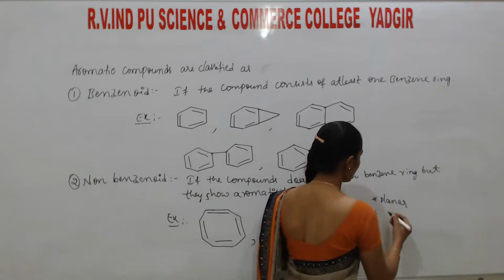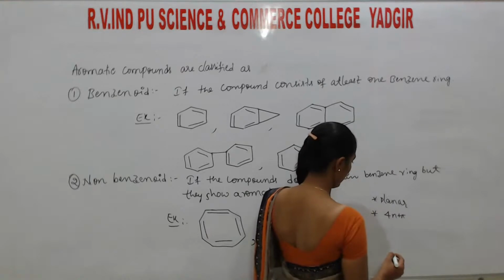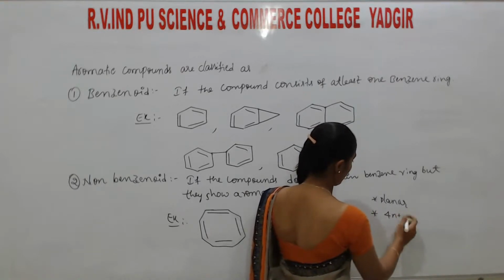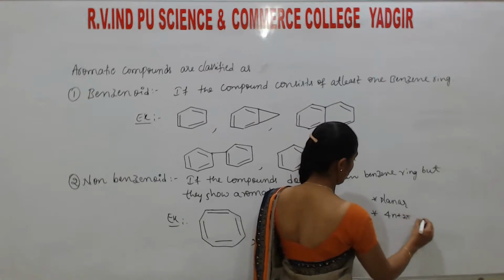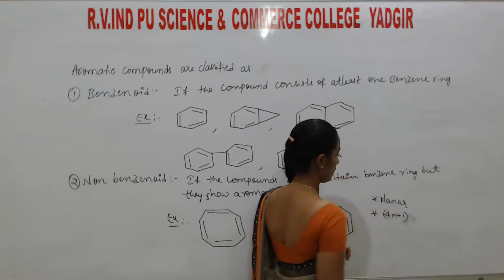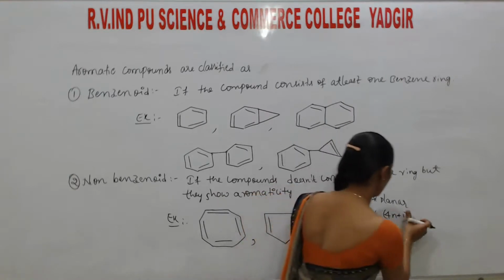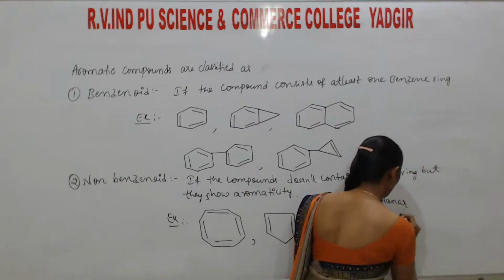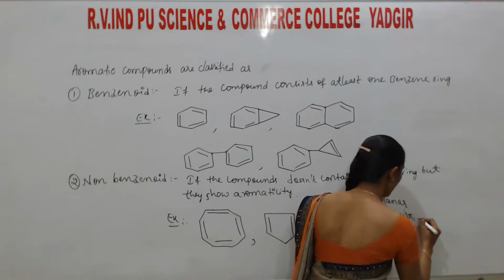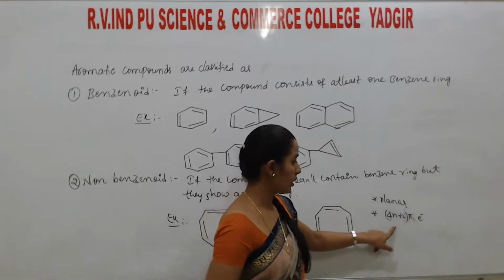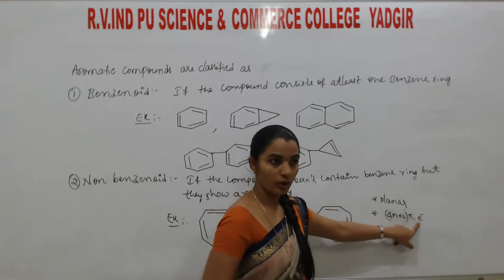The second is it should satisfy 4n plus 2 pi electrons. This is called Huckel's 4n plus 2 pi rule.